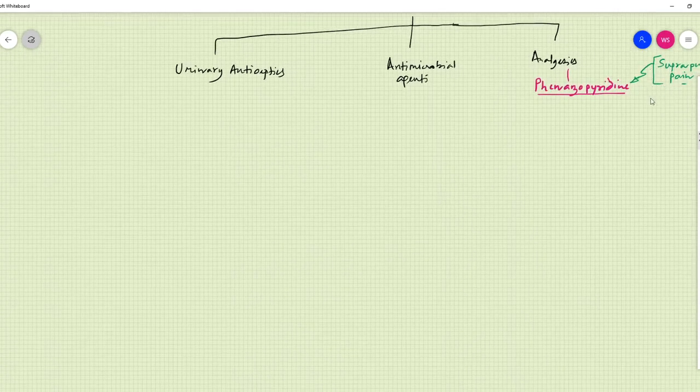So let's look at urinary antiseptics. What are urinary antiseptics?